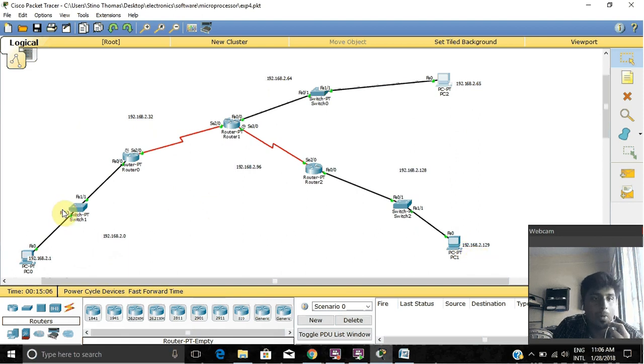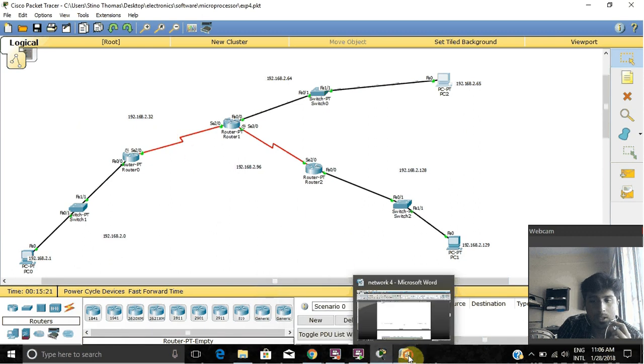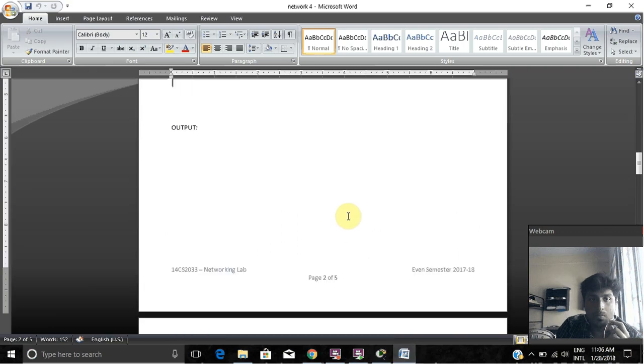This network has no connection with these two networks, because it is only directly connected with the network 2.32. So we use some CLI commands. Here are those.